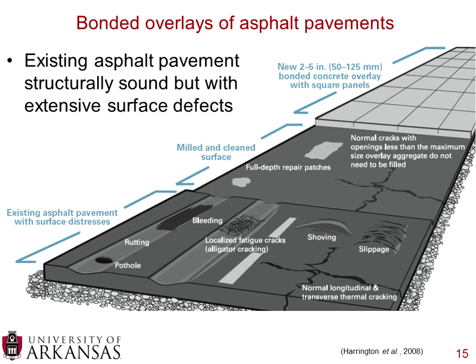If the nominal crack width opening is less than the maximum overlay aggregate size, you do not need to fill those cracks. The point of this is that when you're putting that concrete overlay on, the theory is if the big aggregates can't go down into that crack, some paste will go down into there, but you'll be able to bridge those cracks. And if the pavement is structurally sound and you can bridge those cracks, then the overlay will be able to be successfully applied.